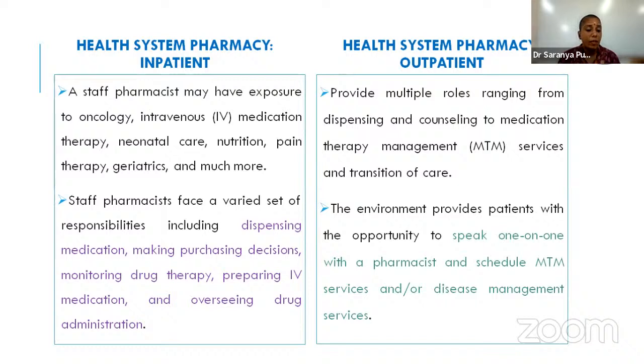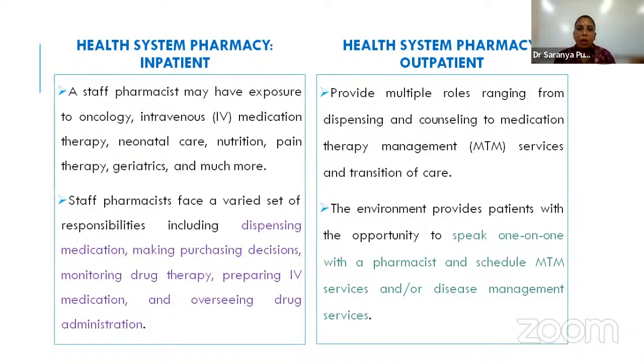Monitoring drug therapy. Say if a patient is on an anticoagulant, the patient's clotting time, prothrombin time, or INR has to be monitored. So an inpatient pharmacist could be involved in monitoring drug therapy, preparing intravenous medication, and overseeing drug administration. Sometimes drug administrations could be missed, or it could be given late. So overseeing drug administration is also a role of an inpatient health system pharmacist.